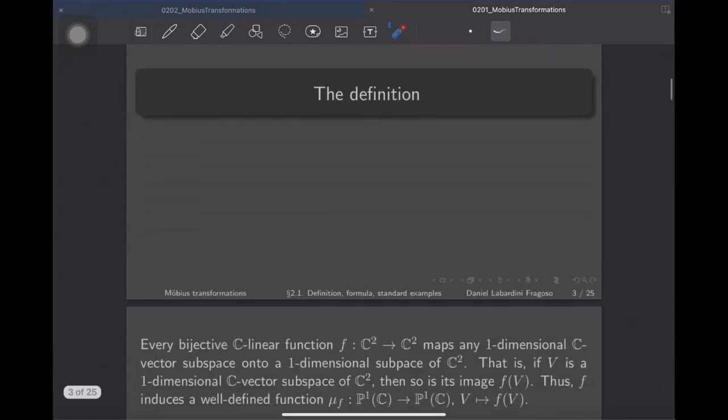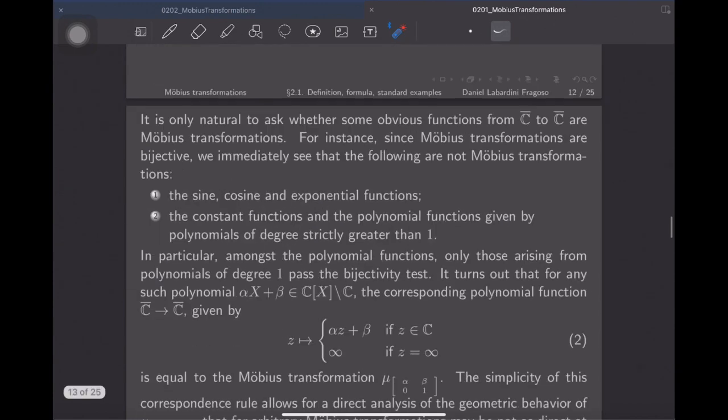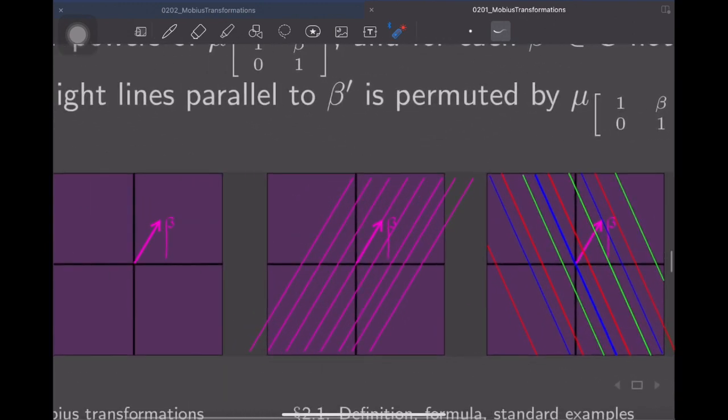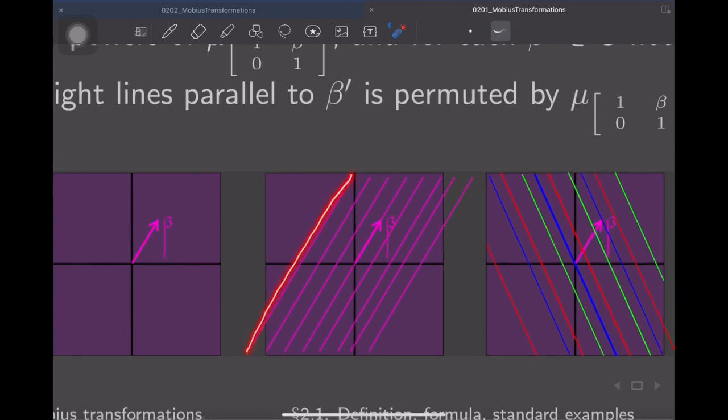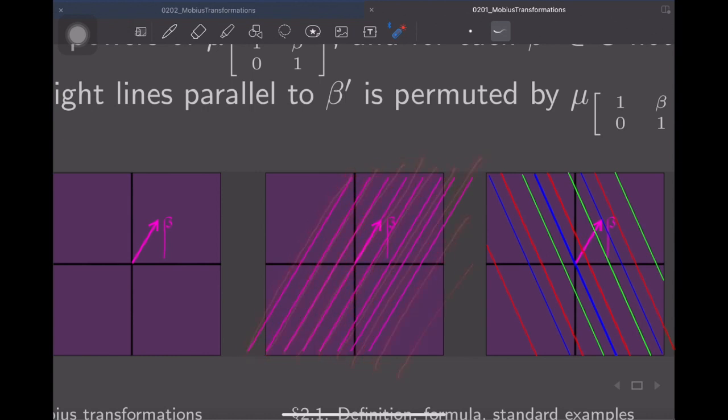In the case of a translation, each of these curves is invariant, stable under all integral powers of translation by beta.